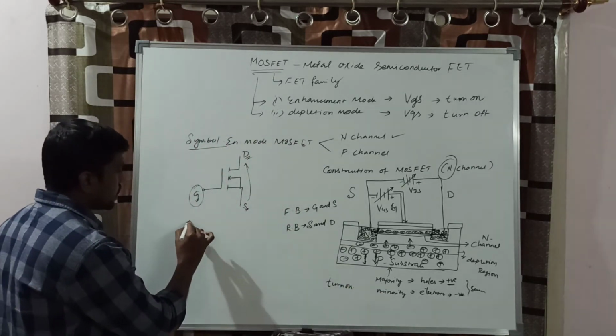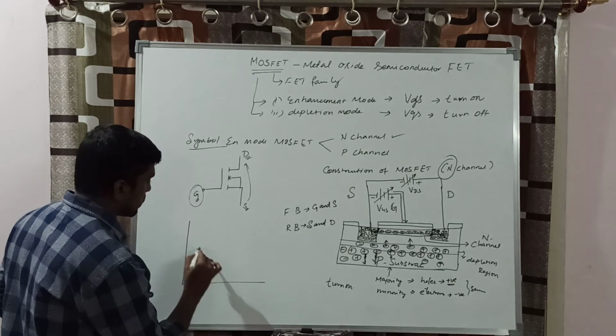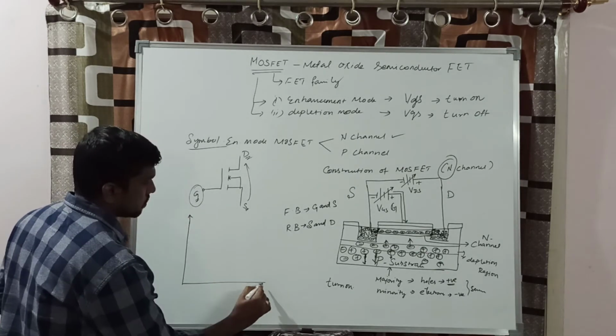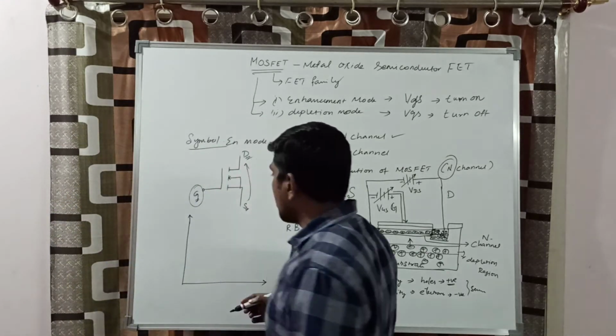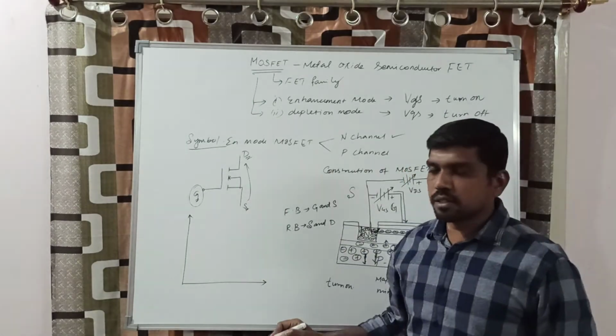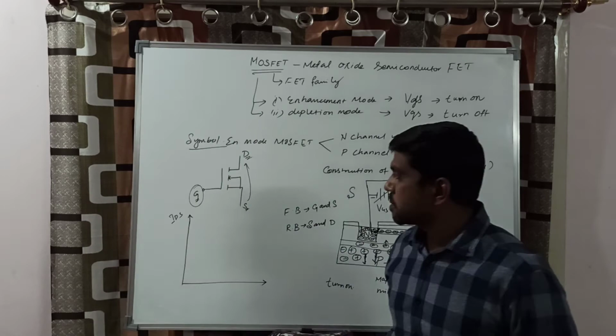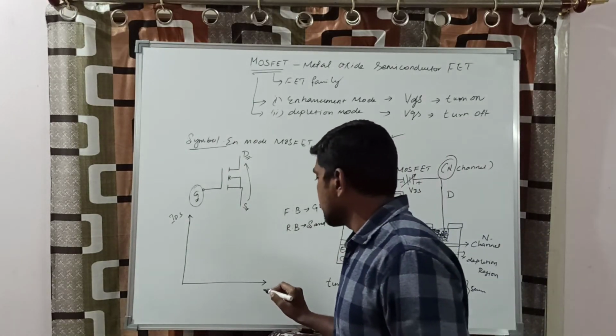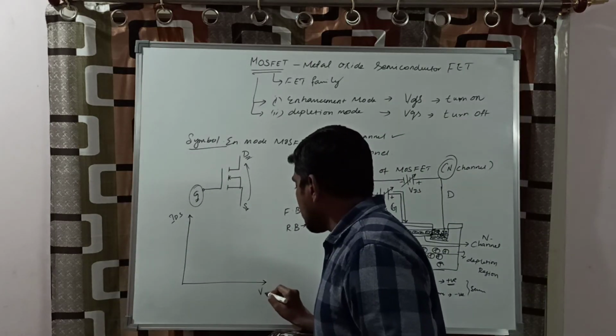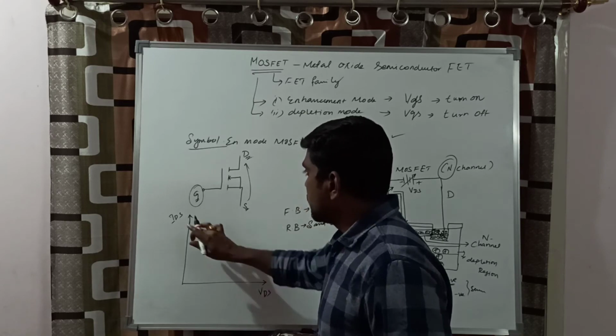The VI characteristics of the MOS transistor. Here you can make the x-axis and y-axis. On the y-axis we consider IDS, the drain current, and on the x-axis VDS.